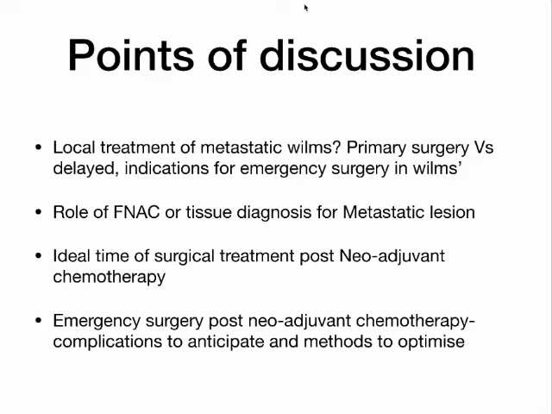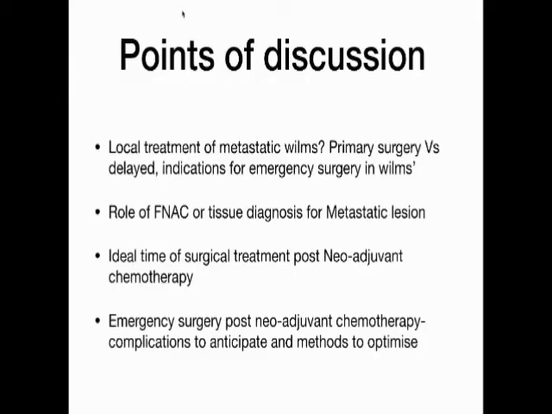On day 4, post transfusion, we have Hb of 15.6, total count improved to 20,000, and platelets of 2.92 lakh. But what we noted on day 4 was an anastomotic leak with pelvic collection.